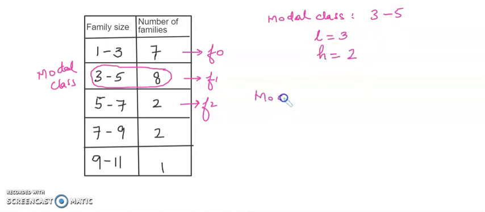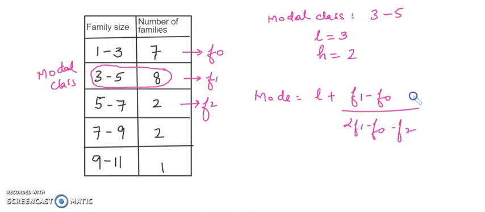Let's find out the mode. Mode is L plus (F1 minus F0) upon (2F1 minus F0 minus F2), the whole times H. What is my L here? 3 plus.